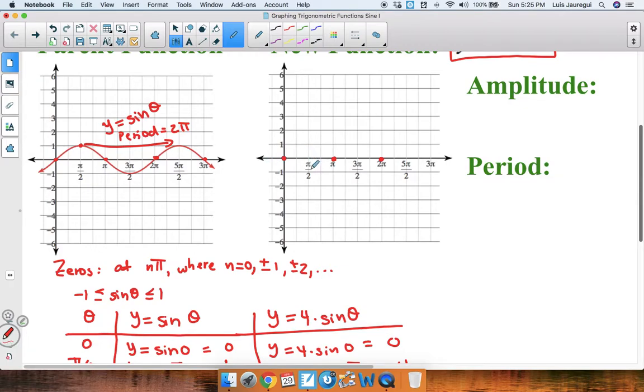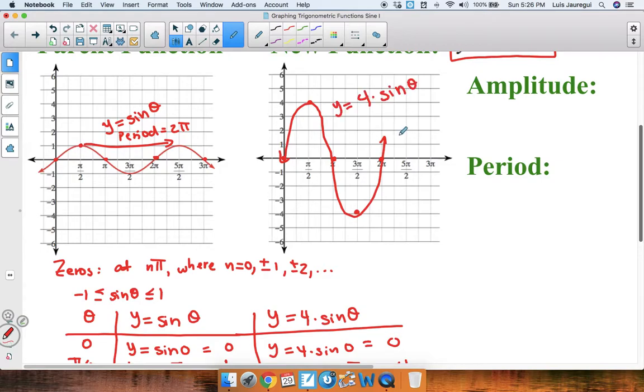So we have the point pi over 2 comma 4. And then at 3 pi over 2, we have the point 3 pi over 2 comma negative 4. So we just connect these few points and create our quick sketch here. And we get that this represents the graph for y equals 4 times sine of theta.